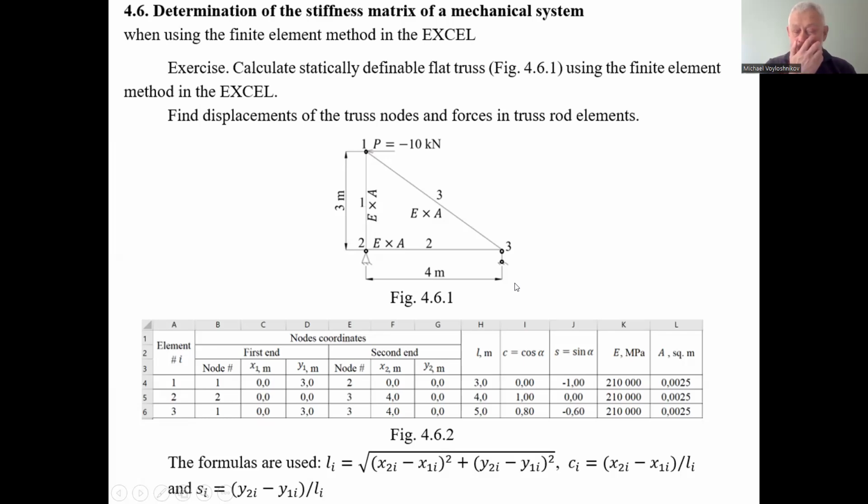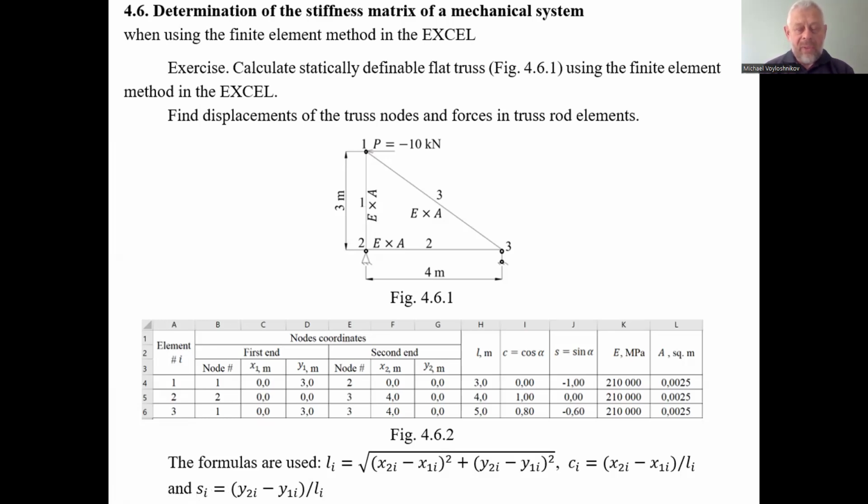Okay, first of all, we have to consider the geometry. We have to assign the geometry in Microsoft Excel. A little bit previously, in article 4.4, we considered finding the forces and stresses in the elements of another truss.